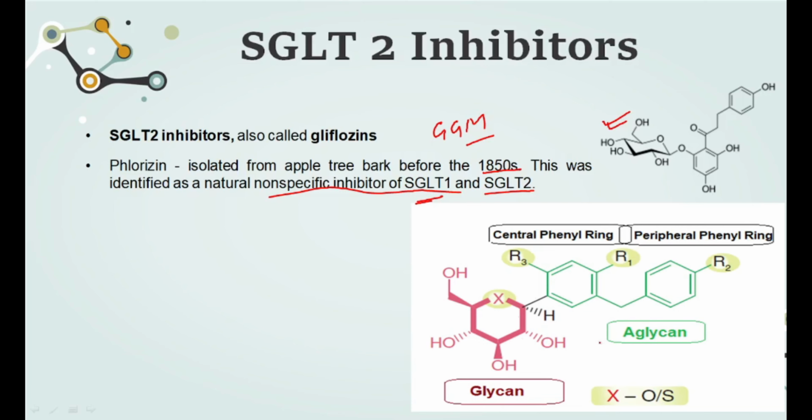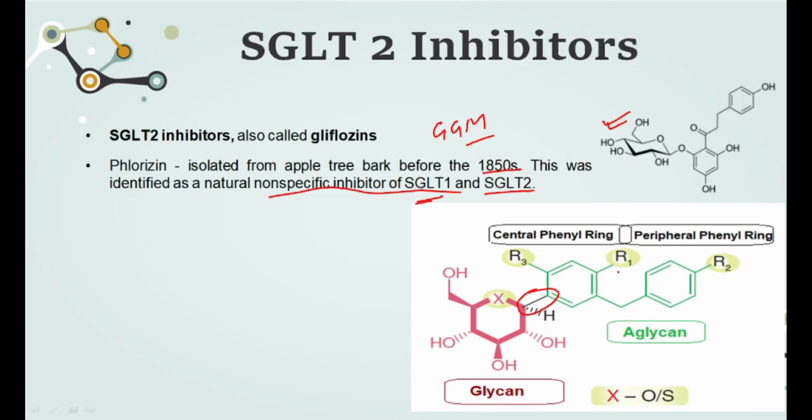This is the glycan part and this is the aglycan part, and this glycan and aglycan link, this one, is a C-C linkage that is metabolically more stable than the O-glycoside linkage between the glycan and aglycan part.